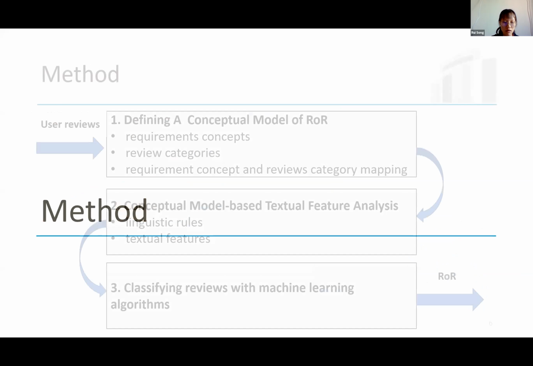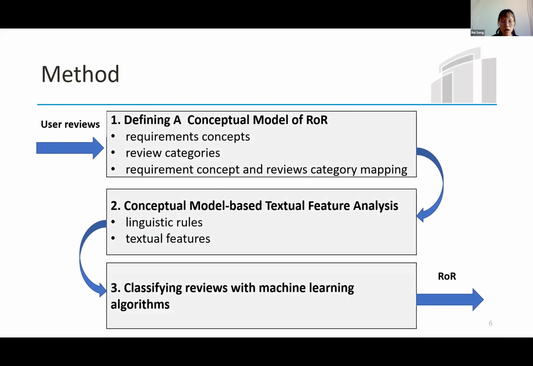As for our proposal, it consists of 3 parts, but I will focus on the first part. The first one is the definition, the concept model of ROR, what we call requirements-oriented reviews. I will talk about the definition afterwards.